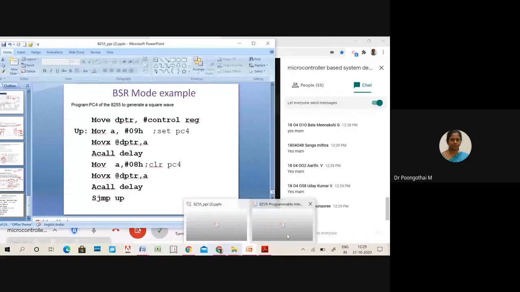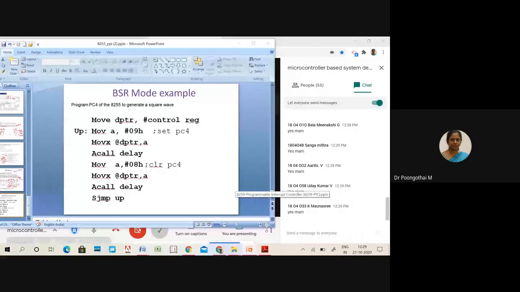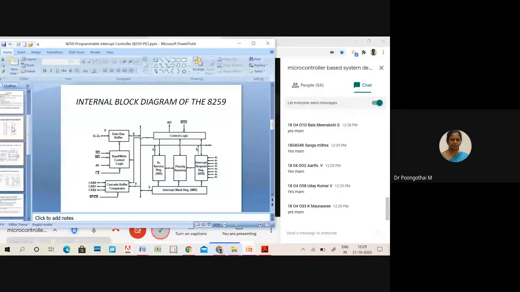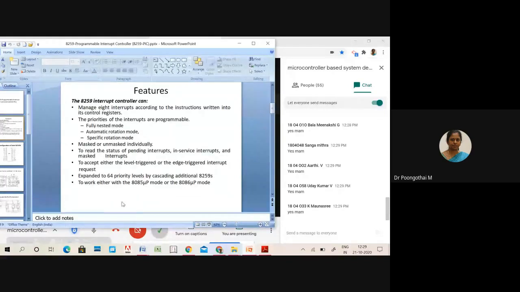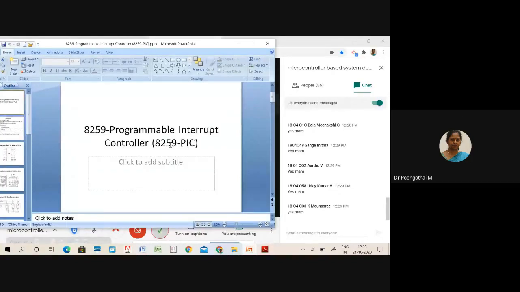So next IC is about 8259. I will give some introduction about 8259 in this class. 8259 is the programmable interrupt controller.